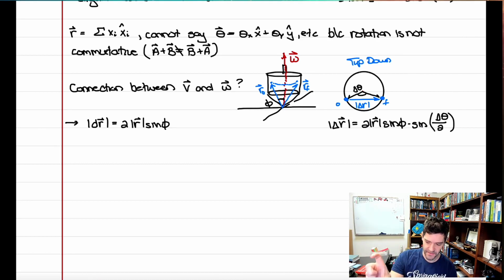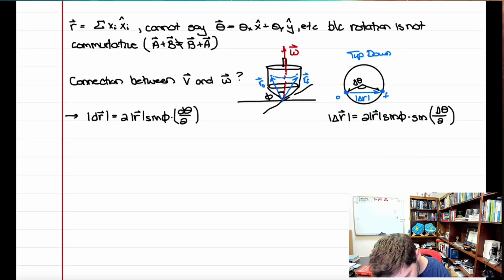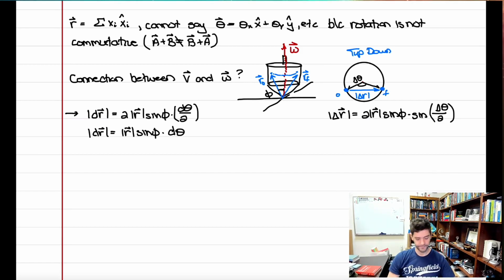Remember from Taylor series that the sine of something tiny is well approximated by just that tiny thing. So this is approximately just d theta over 2. The 2's cancel, and then notice you get dr is the magnitude of r times sine of phi multiplied by d theta.